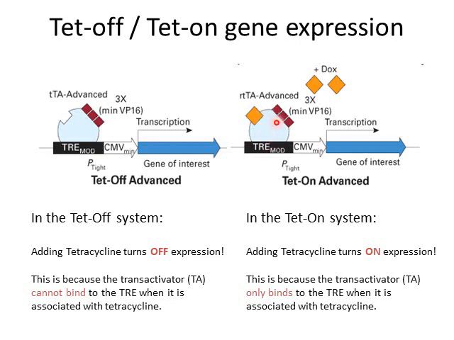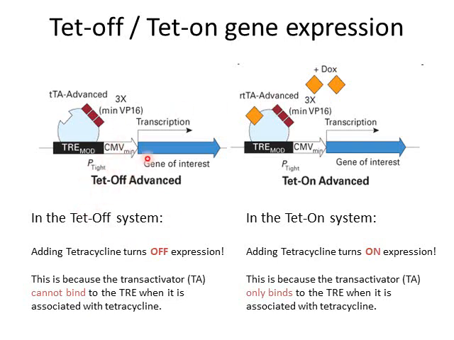As soon as it associates with the TET response element, by virtue of these transcriptional transactivators, these VP16 proteins, this turns on and activates CMV, and then CMV turns on gene expression. Yeah? So in the TET on system, adding tetracycline turns on expression. And that's because the transactivator only binds to the TET response element when it's associated with doxycycline, tetracycline.